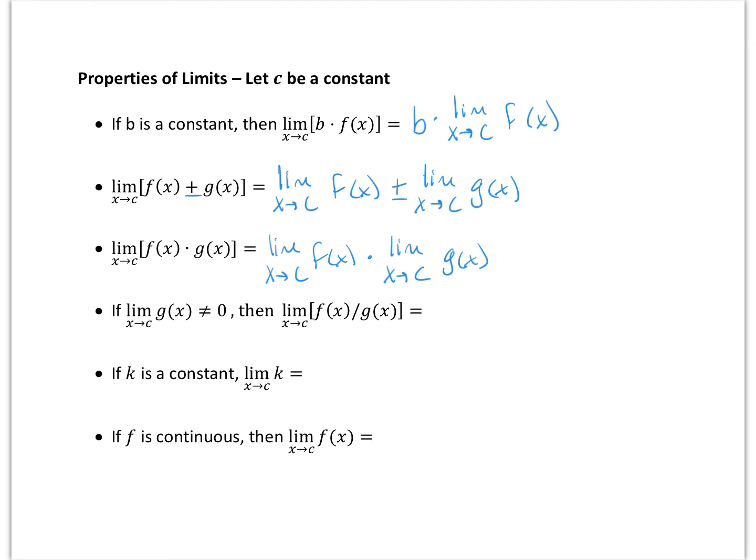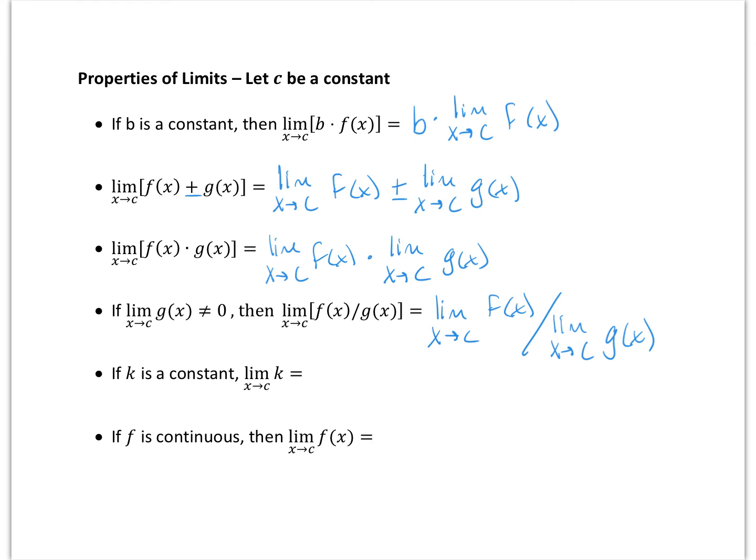It's also true for division, assuming the limit of the denominator is not zero, because we don't like to divide by zero. Okay, so this says the limit as x approaches c of f of x divided by g of x is the same as the limit as x approaches c of f of x divided by the limit as x approaches c of g of x.